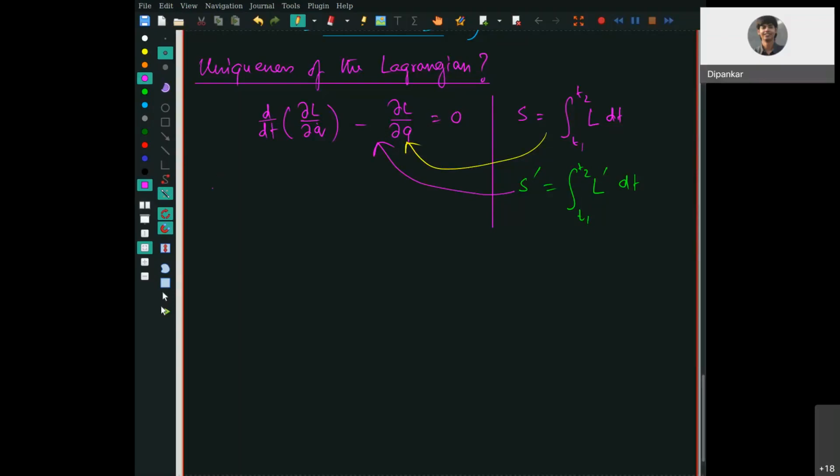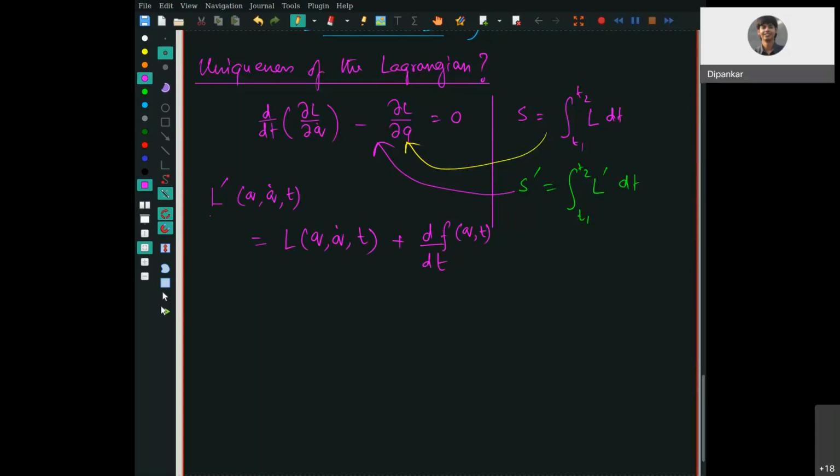So if you define L prime of Q, Q dot, T equals L of Q, Q dot, T plus a total derivative of a function that only depends on Q and T. This doesn't depend on Q dot. So remember that. That is a very important thing.